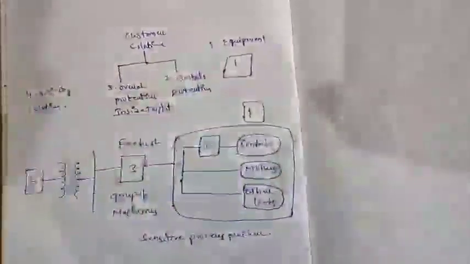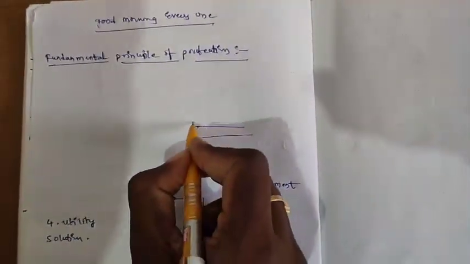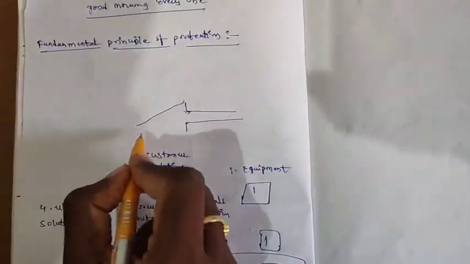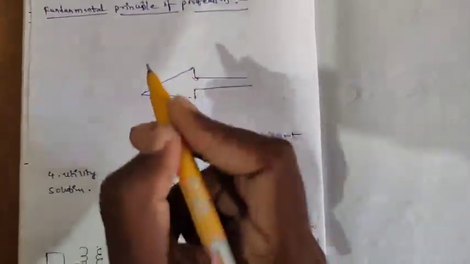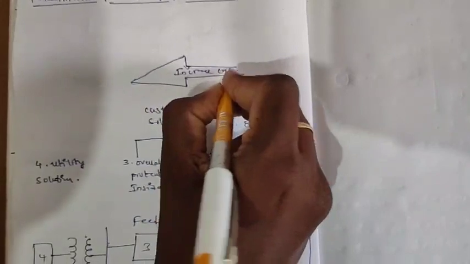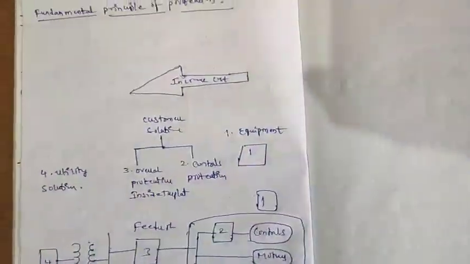I am indicating one arrow, and finally I will tell the purpose of that arrow: increase cost.